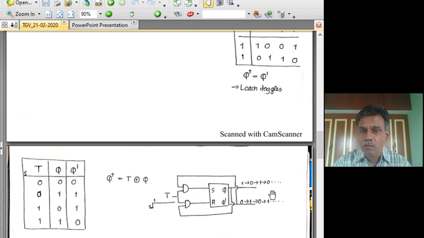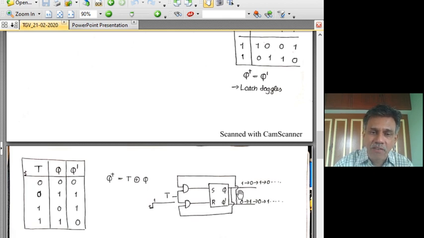So, what we have to do is give a very small pulse to the T input of this T latch, so that it toggles just once. How can we make that possible?